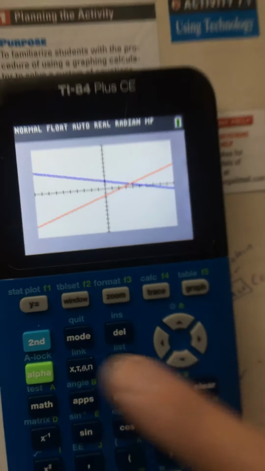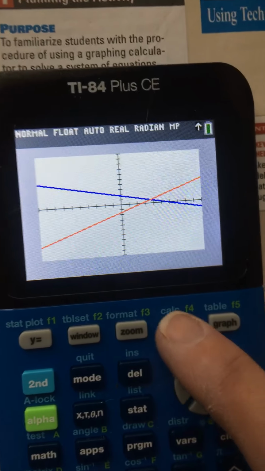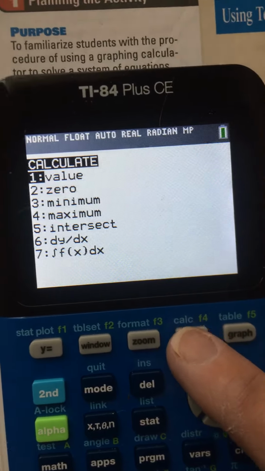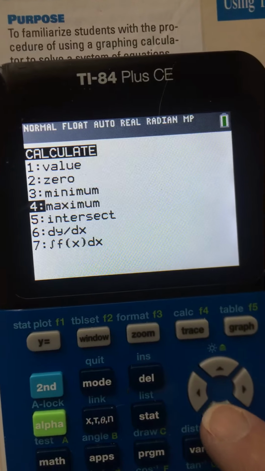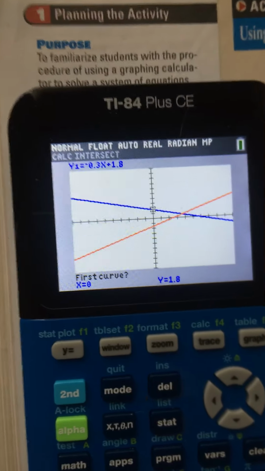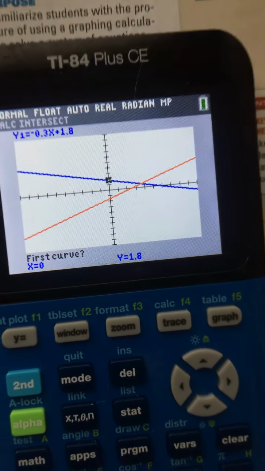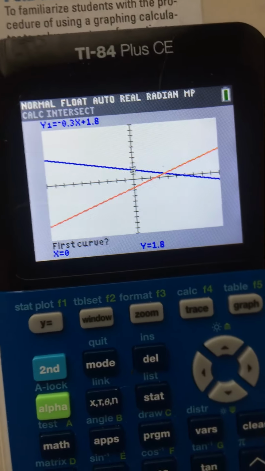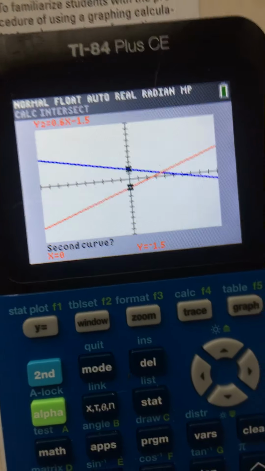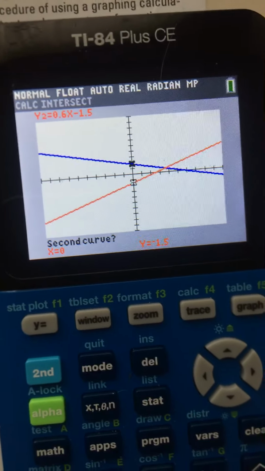Now, what I do is I do second trace, and that gets me to this screen. And what I want is to arrow or just put in number 5 because I want to know where they intersect. That's the answer. Next, I hit enter 3 times. Why I'm hitting enter is first they ask, is this blue line the first curve, the first line? Yes. Is the red line the second curve or second line?